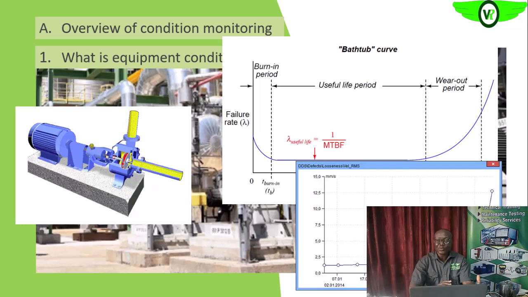If the vibration goes beyond this level, that is what informs the trip point setting. So before it goes beyond the level, it will trip on high vibration or high temperature. You will see it when you monitor that condition or parameter, and that will inform the kind of maintenance strategy that you will do.